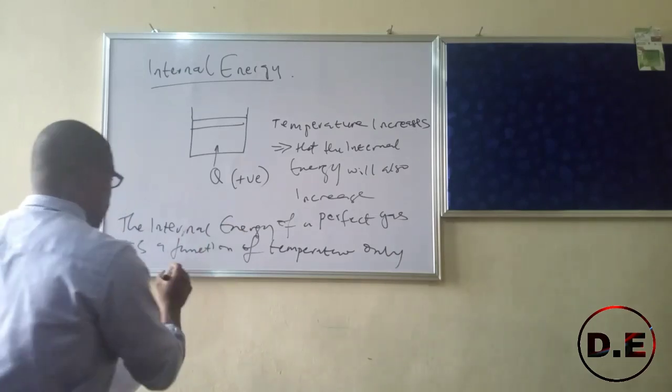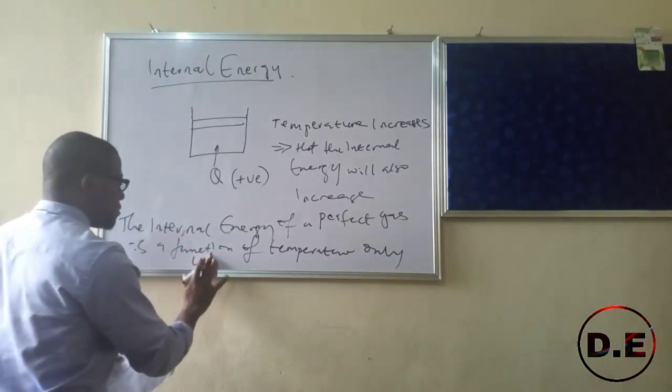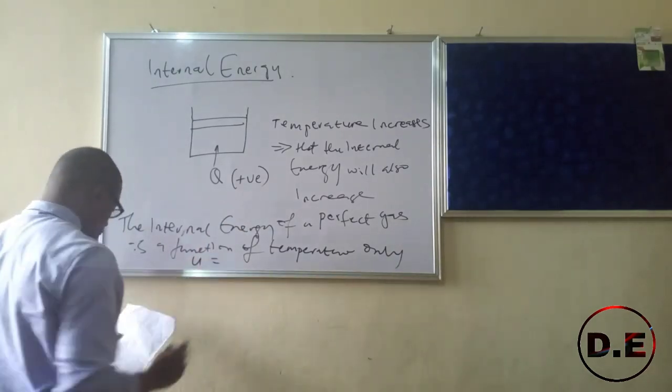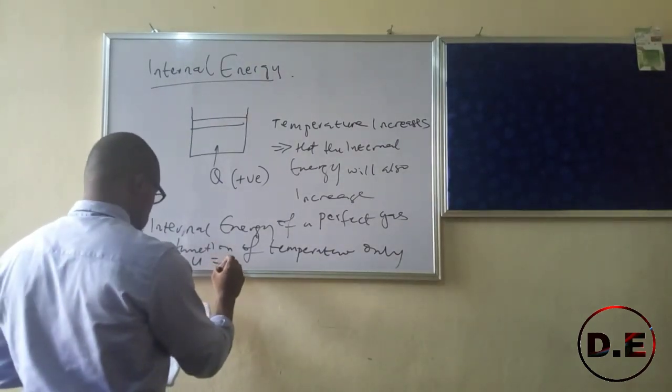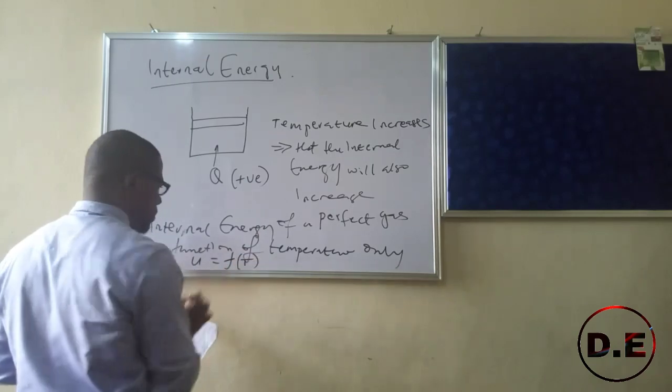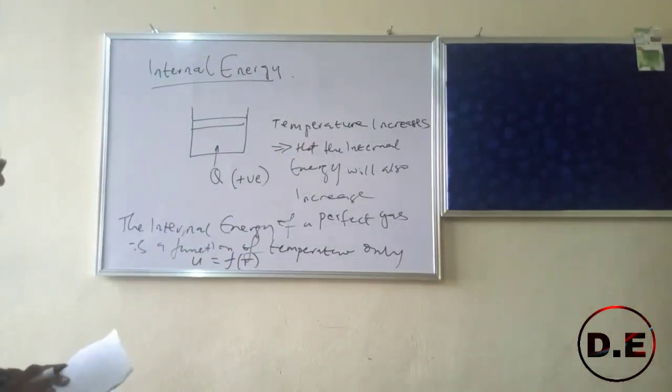So we can write U of a perfect gas is equal to a function of T only.